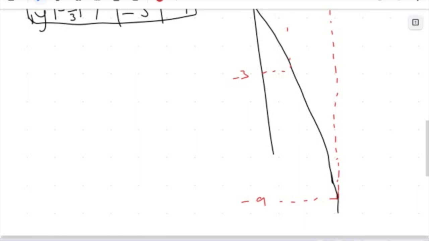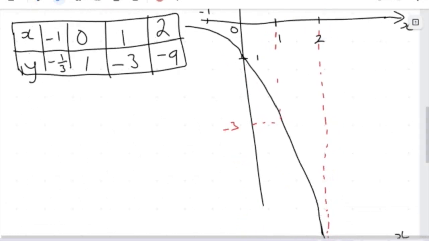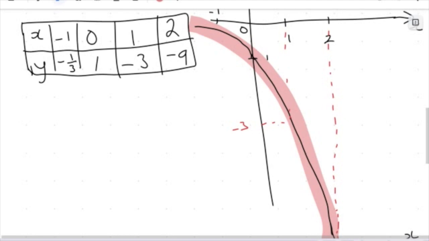Okay, so we have our graph of y equals minus 3 to the power of x. This is just an exponential graph with a base of 3, but it is negative. So you can see it's in the negative y-axis. It's reflected down here.